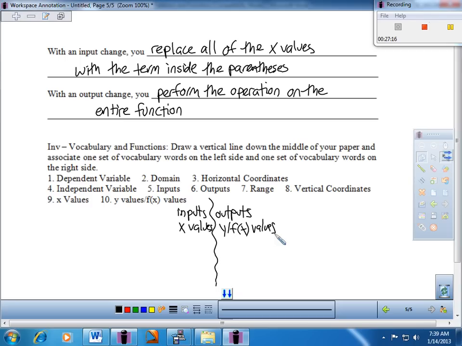All right, very good. We're going to talk next lesson about domains and ranges. So if you remember correctly, domain really represents all of the x values, and range would represent a set of all of the y values. So throw those together if you don't mind. And as I said, what you want to do is associate these things together.